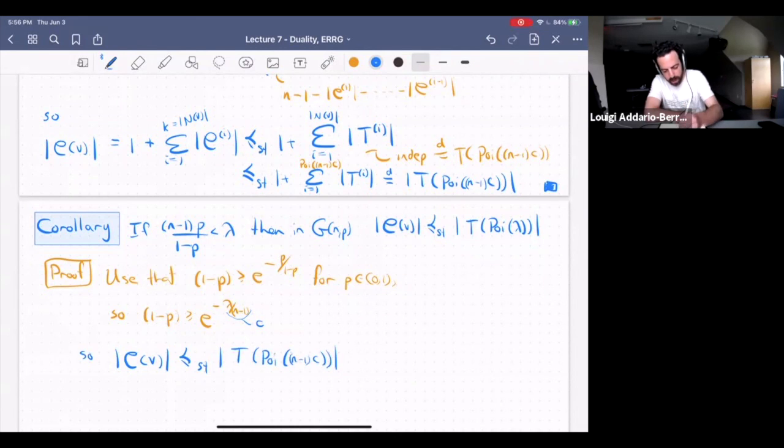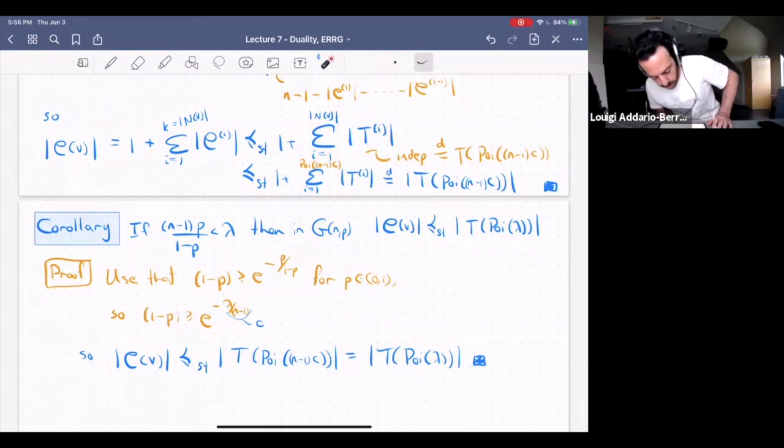And it feels a bit like I'm going in circles, but c times (n-1) is just lambda. So that's really almost just a rewriting of the proposition with different names for the terms.